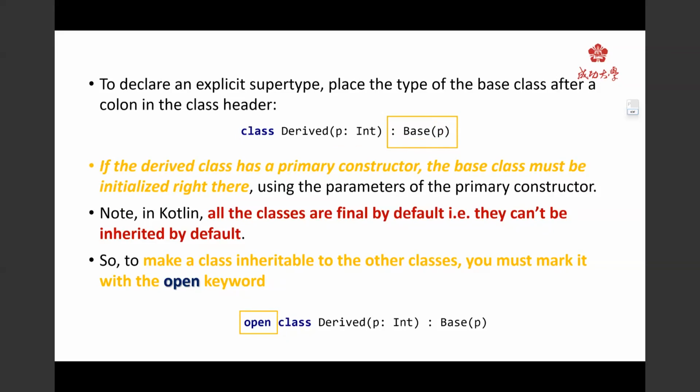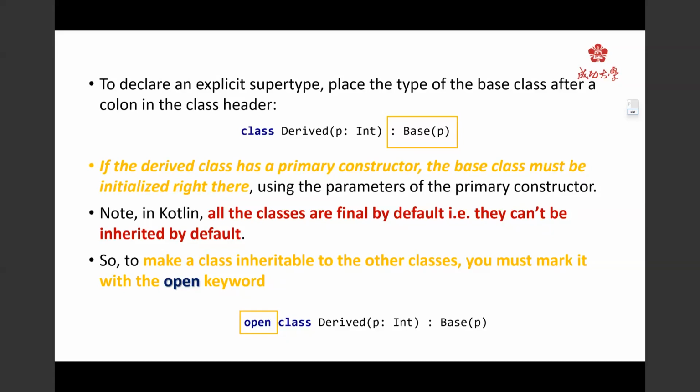Another interesting thing is that all classes are final by default in Kotlin. What this means is that all the classes in Kotlin cannot be inherited by other classes by default.